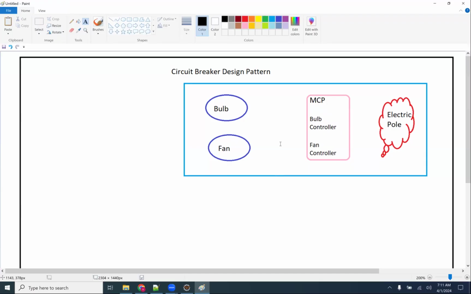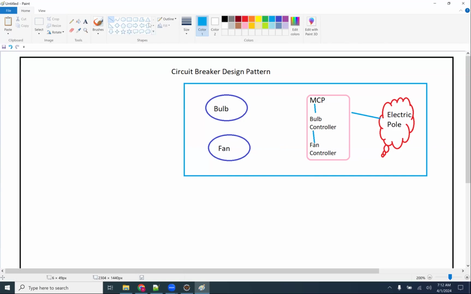This is the MCP. Electricity flows from the MCP to the bulb controller, and from the MCP to the fan controller, right?